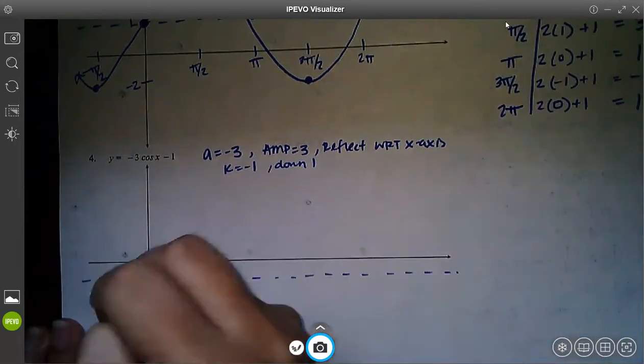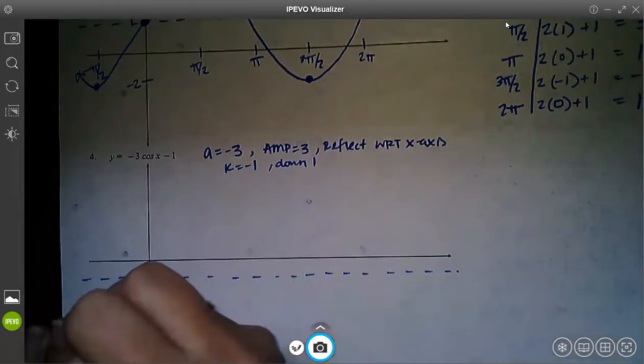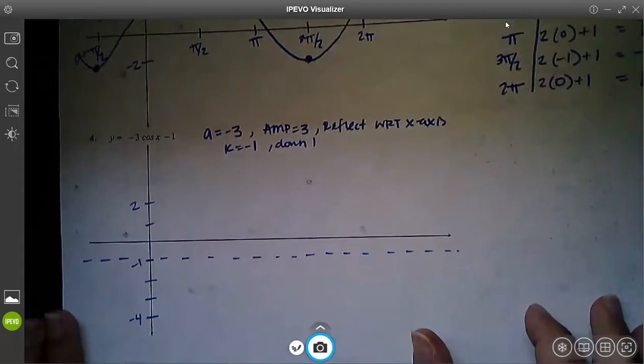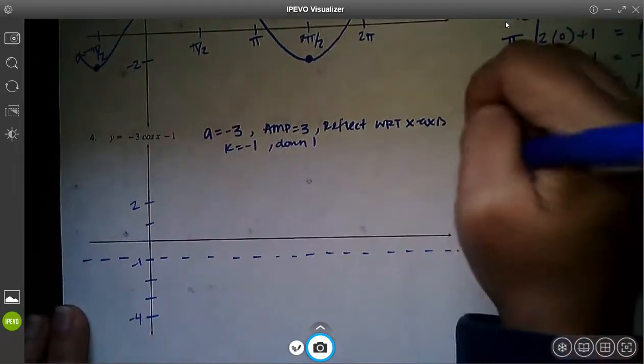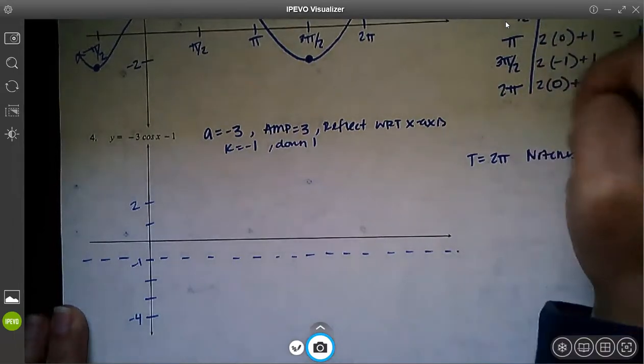My amplitude is 3, so from there I'm going 3 away, so down to -4 and up to 2. My period is still 2 pi, so my notches are still pi over 2.